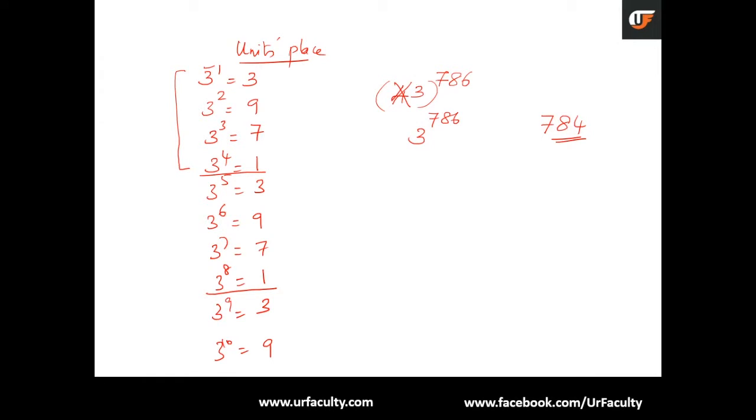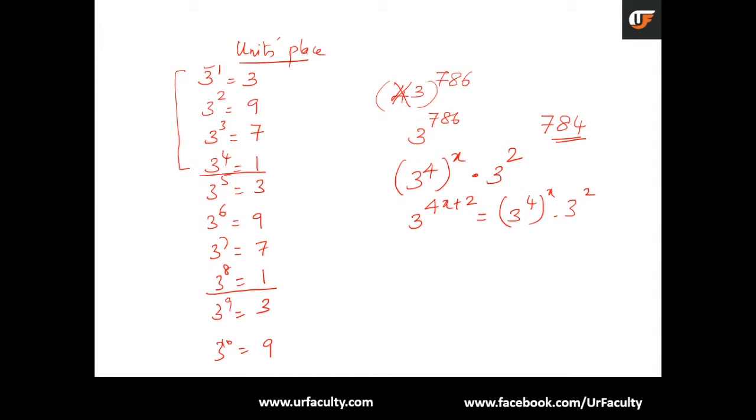So we know that 3 to the power of 786 is basically 3 to the power of 784, into 3 to the power of 2. Why did I put into 2? Because it is basically 3 to the power of 4x plus 2, which is equal to 3 to the power of 4x into 3 to the power of 2.